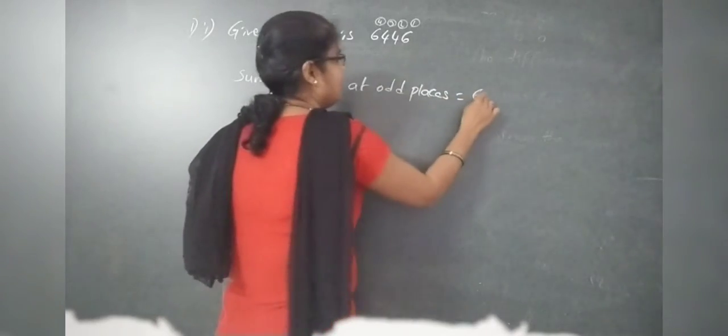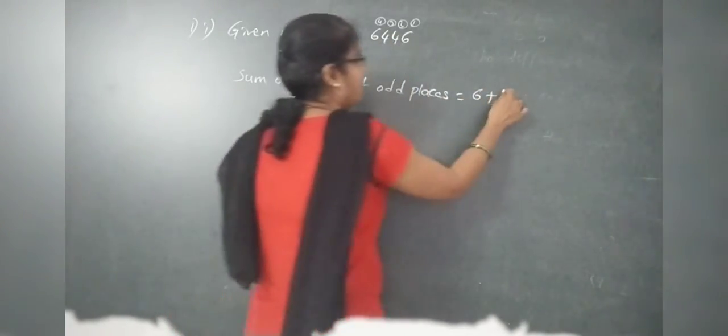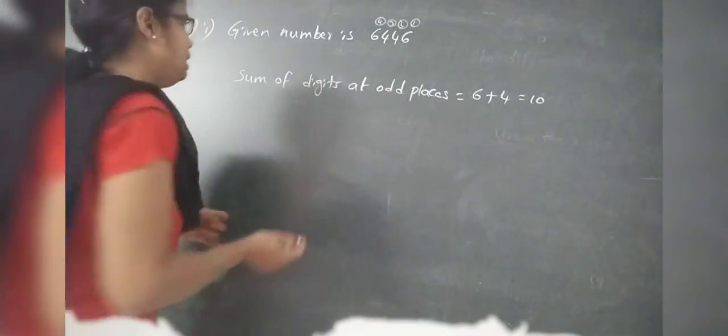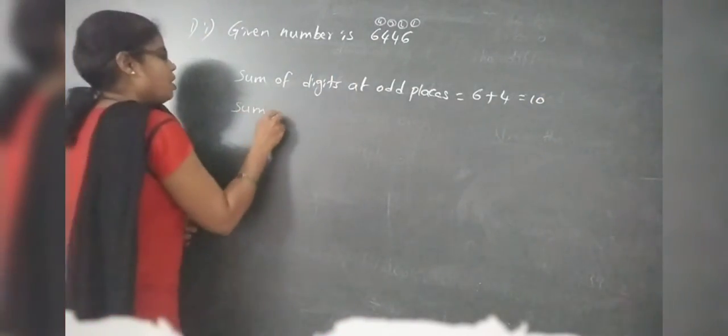First place is 6 plus third place 4. 6 plus 4, how much? 10.